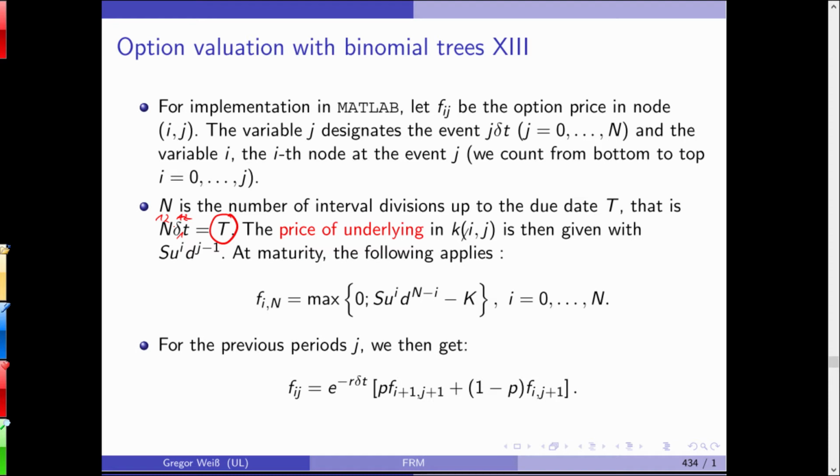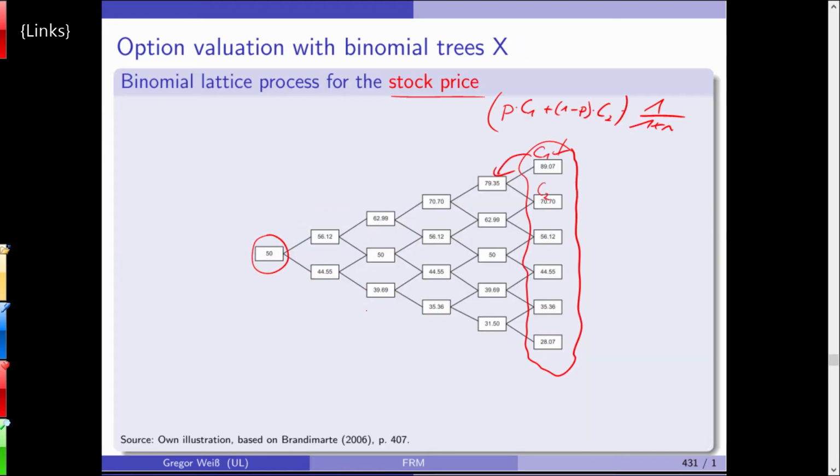So at maturity, we have F_i,N is the maximum of 0 and S u to the ith power times d to the N minus ith power minus the strike. This is just this here.